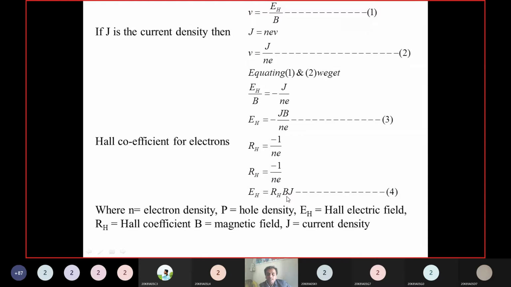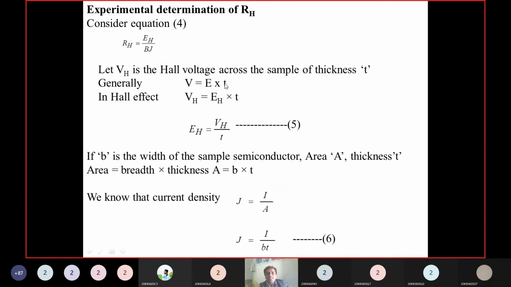Now we can write this EH, the electric field, in terms of the potential difference. Here VH is the Hall voltage or Hall potential. There is a relation between voltage and electric field: V is equal to E into T, where T is the thickness of the sample or specimen.